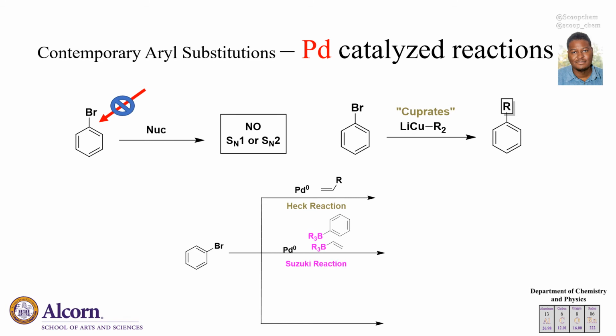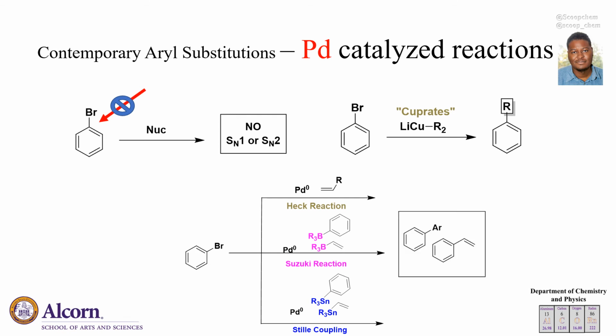If I take palladium 0 and react it with these boron aryl compounds, aryl esters or boron vinyl substrates, this is known as a Suzuki reaction. And if I take these tin aryl complexes or vinyl complexes, this is known as Stille coupling or the Stille reaction. Typically they'll allow two aryl rings to come together and replace that bromine, or have an aryl and a vinyl group come together.